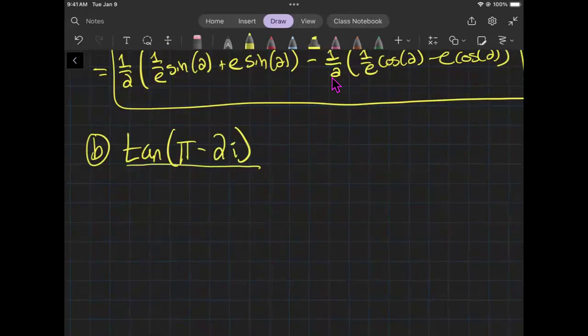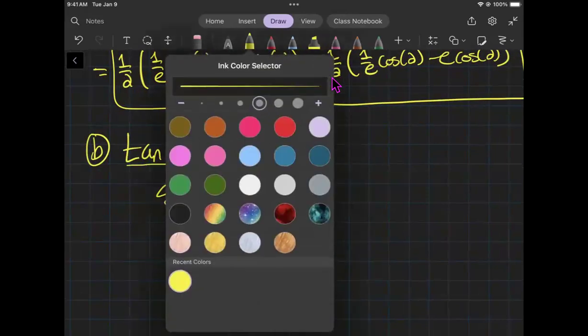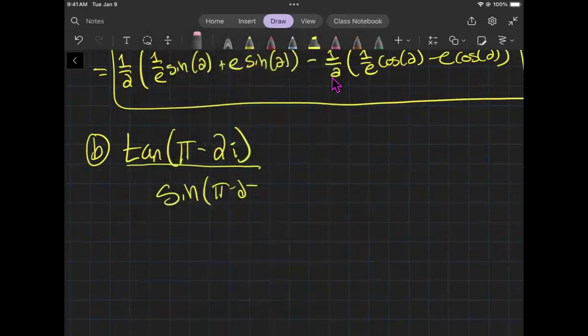Okay. Pi minus 2I. But really, you're just using sine of pi minus 2I divided by cosine of pi minus 2I, right?